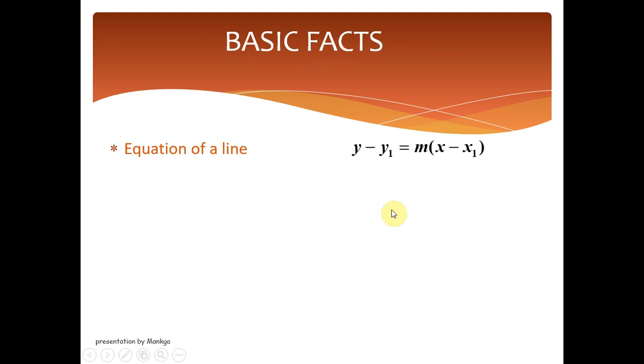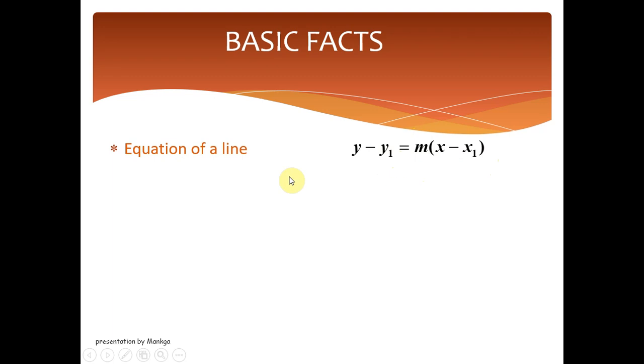On a straight line, the equation of the straight line is as follows: y minus y1 is equal to m times (x minus x1). What you do here, you simply have to calculate the gradient first. After you calculate the gradient, you take one coordinate from the ones that you used to calculate the gradient, substitute it at y1 and x1, and you leave y and x.